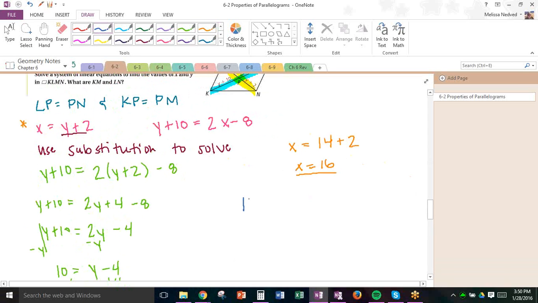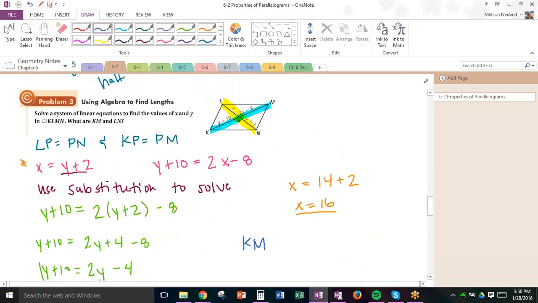So KM, let's go back up to my picture, is going to be equal to y plus 10, that's KP, plus PM, which is 2x minus 8. So I'm just going to add all those together, and I'm going to replace what I know. Y is 14, plus 10, plus 2 times 16, minus 8.